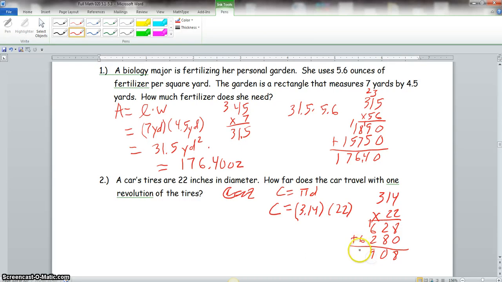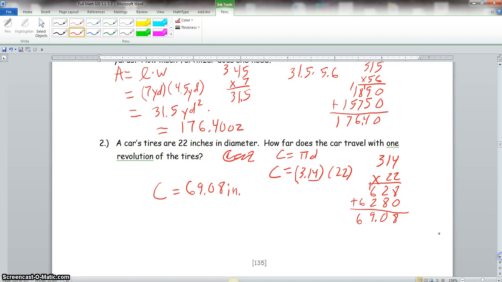Plus 2 is 9. And we bring down our 6. We add two digits behind the decimal. So our circumference is 69.08. And remember, we were dealing in inches, so we have to put our units of measure. And that is the end of this section.